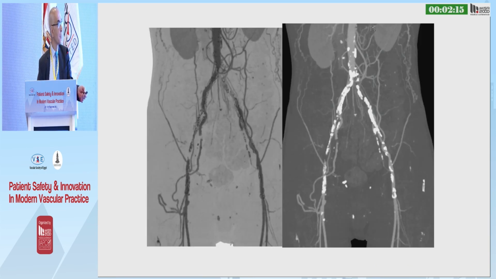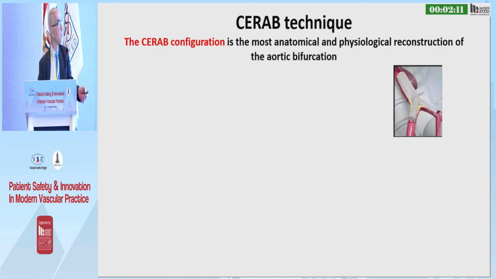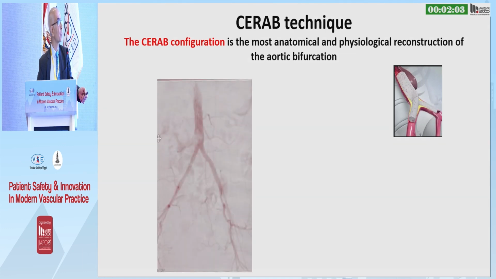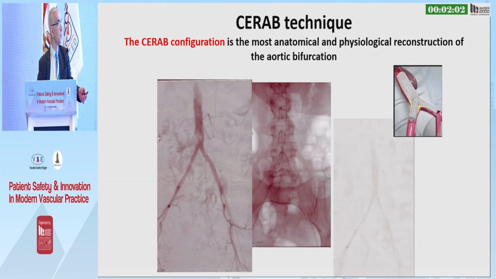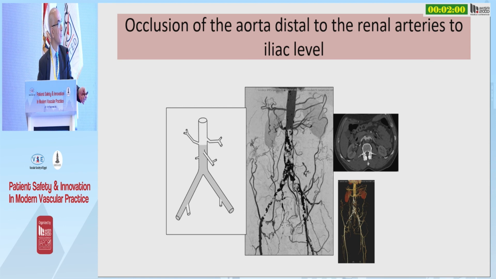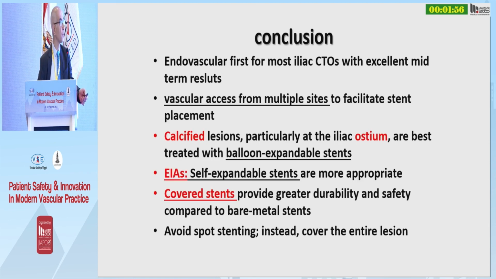In this case, it's possible to do recanalization. If we have a plaque from the iliac to the wall of the aorta, we move to the CERAB technique. And for this presentation, open surgery.